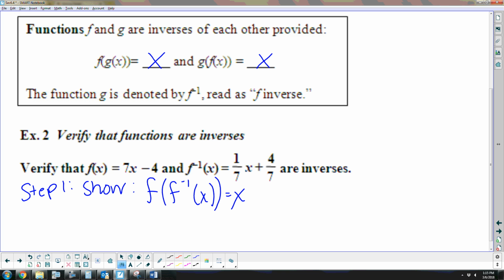And we're doing this because g is denoted as the inverse of f. Okay, so step 1, let's show that that's true.